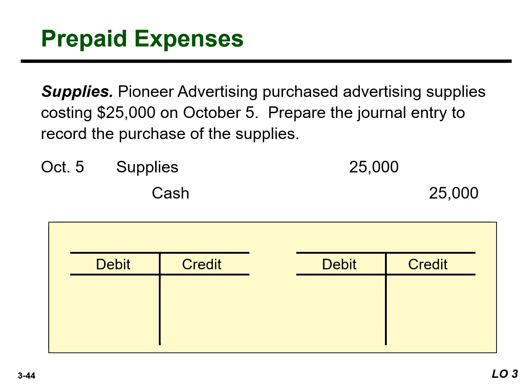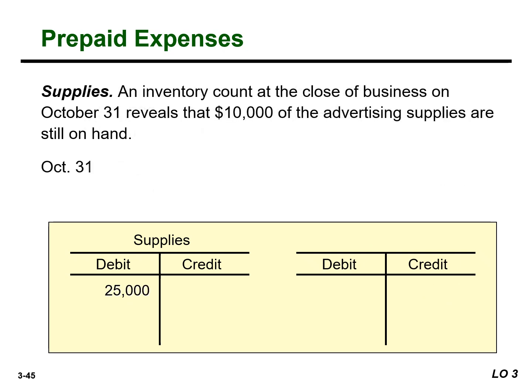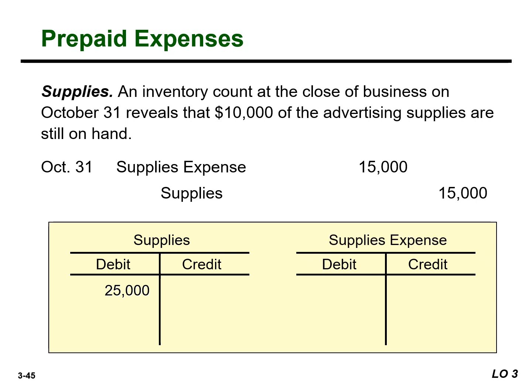Whenever we do a journal entry like that, we debit the asset and we credit cash. As we use up the supplies, in this one, it says we have 10,000 at the end. That's in the account. So we need to make supplies expense 10,000. How do we do that? Well, we had 25,000.